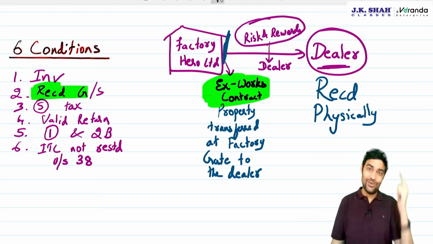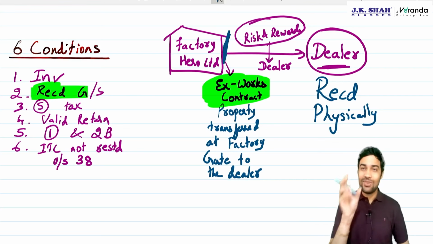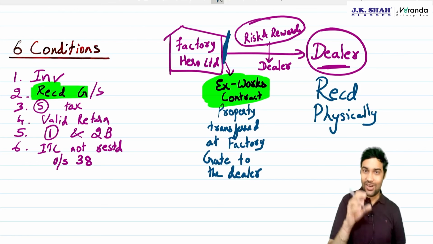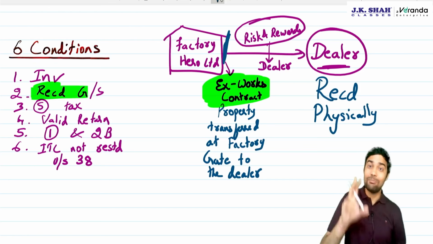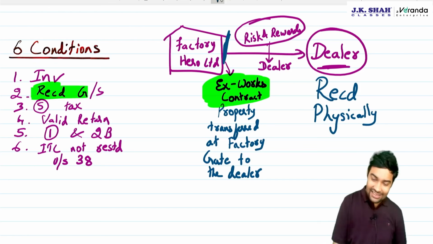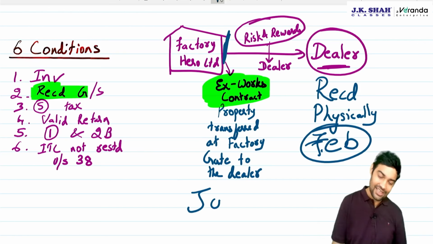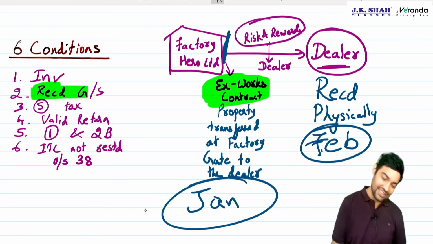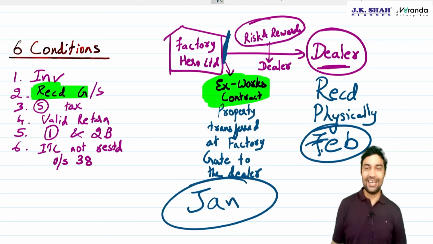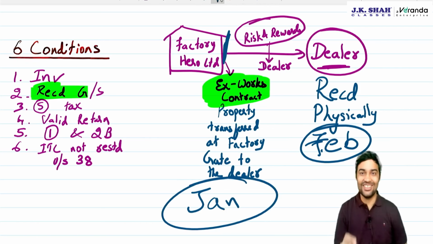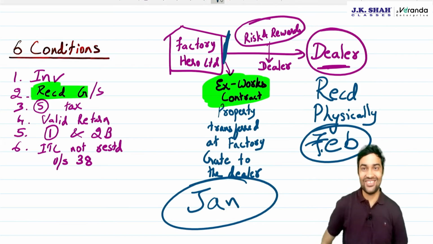Right? They will ask you this question. They will say in January ex-works contract property is transferred, but physically the goods are received in February, and they will give you a January question. Can you claim ITC on that? The answer is yes, you can claim ITC on that because technically you have received the goods in January.